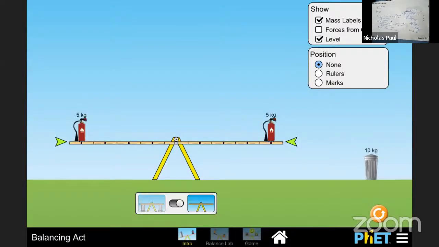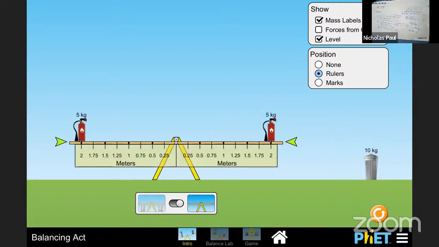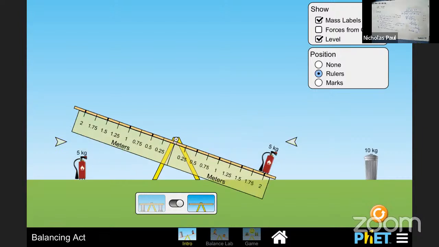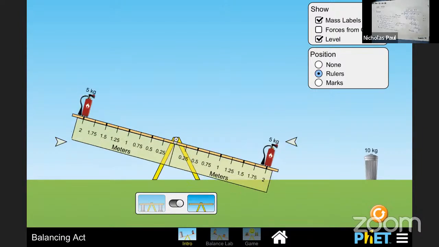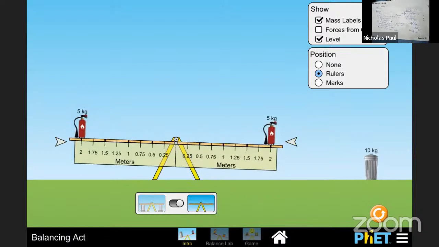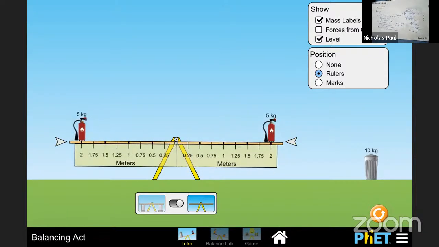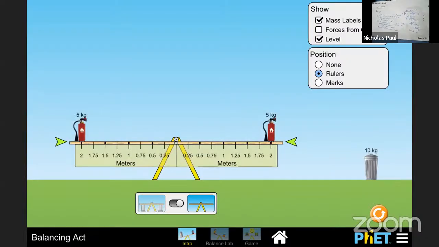So let's go back to this simulation. If you look at the simulation, I think there's a way to put markings. Could you find the moment of the fire extinguisher on the right hand side and the left hand side?